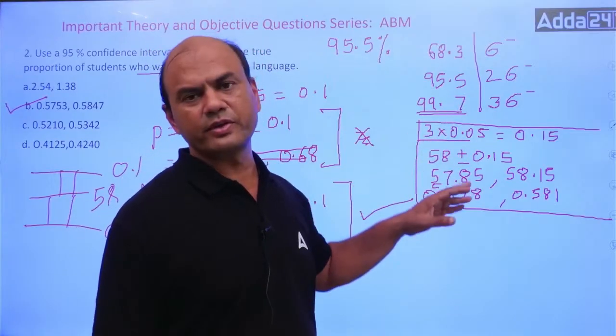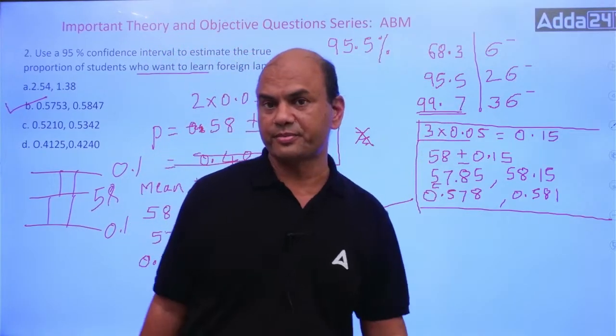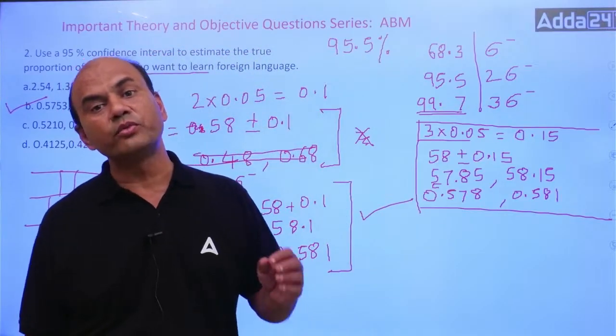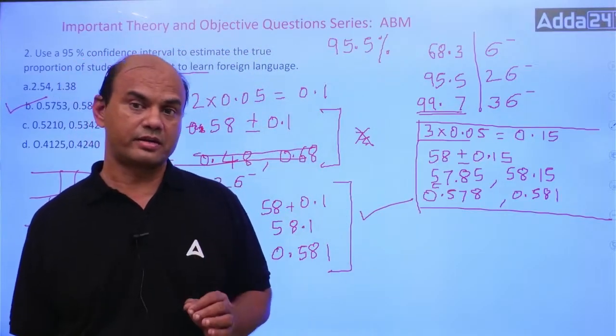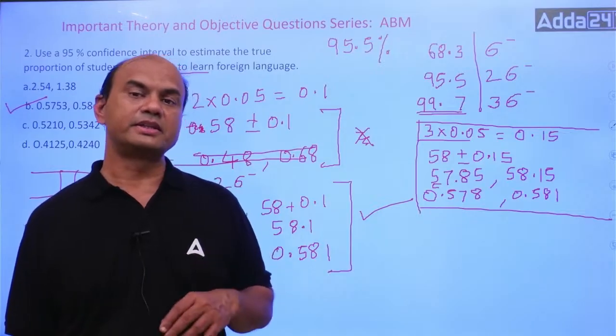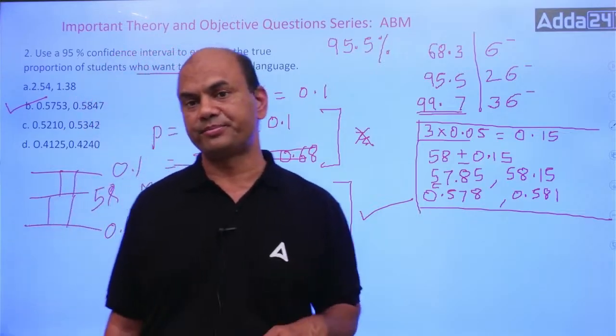0.05 up, 0.05 down. Now you give me the answer. If I want only 1 standard error, give me the answer in the comment section. What is the maxima? What is the minima?